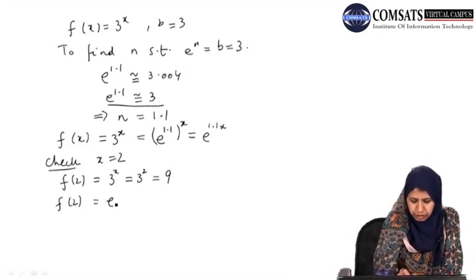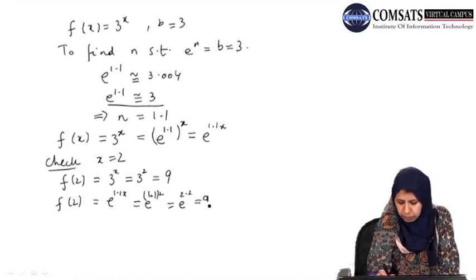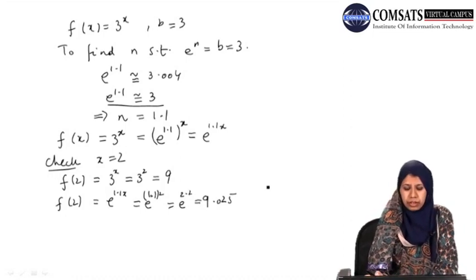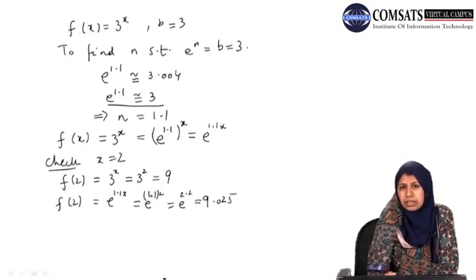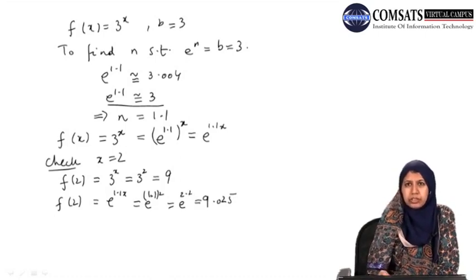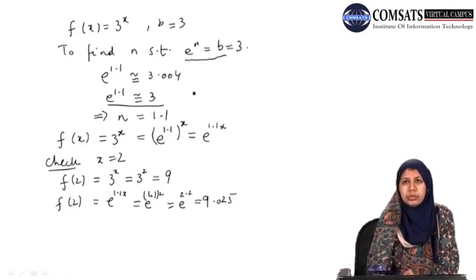It will be e to the power 1.1x, which is e to the power 1.1 into 2, which is e to the power 2.2, which is nothing but 9.025. So both the functions are approximately equal to each other, and if we are given a function in any base other than e, we can simply convert our function to the base e by finding the number n such that e to the power n is equal to b.